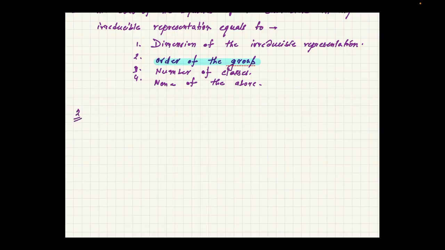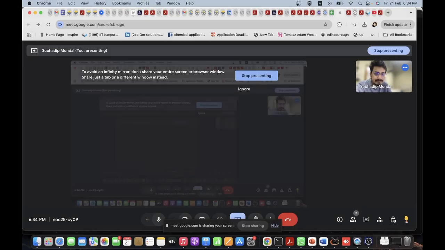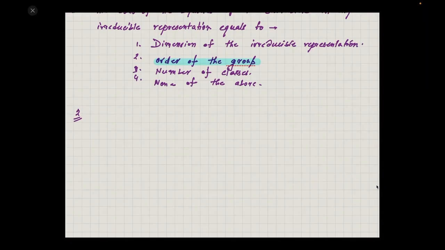Second question: the number of irreducible representations of a non-abelian group is equal to.